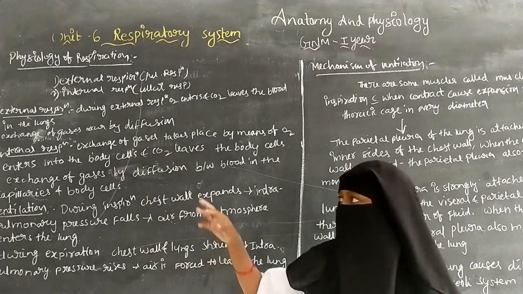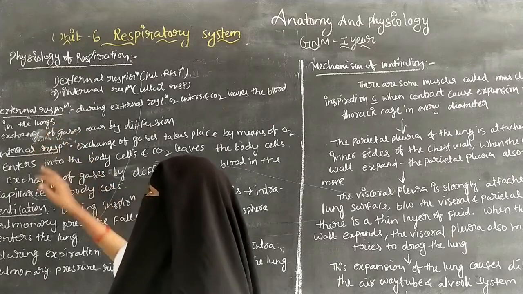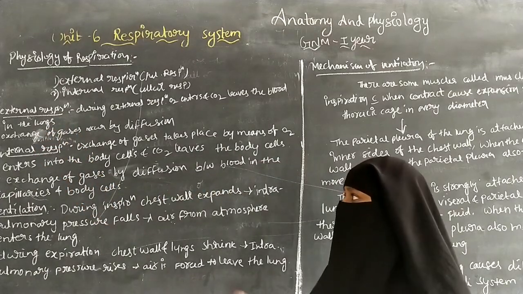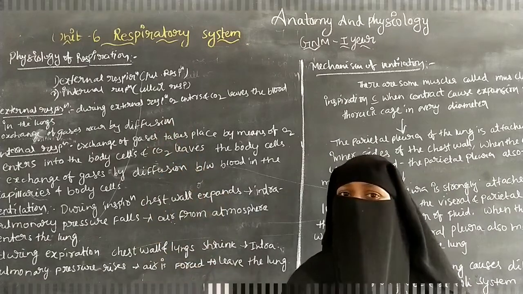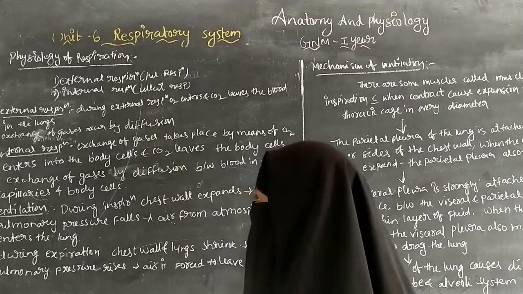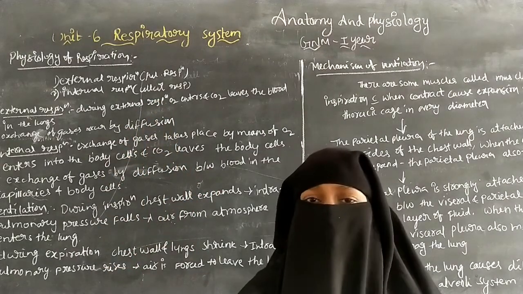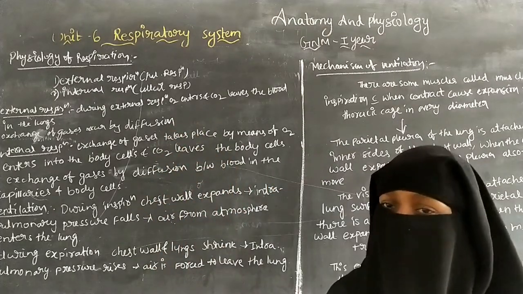So the gas exchange occurs by diffusion between the alveoli and the blood in the alveolar capillaries.